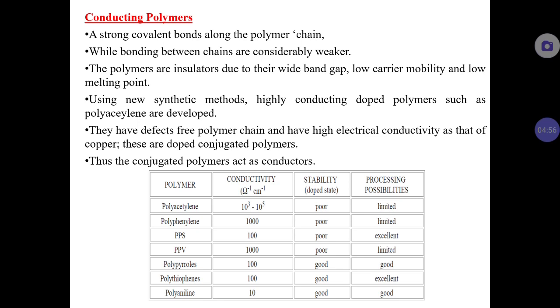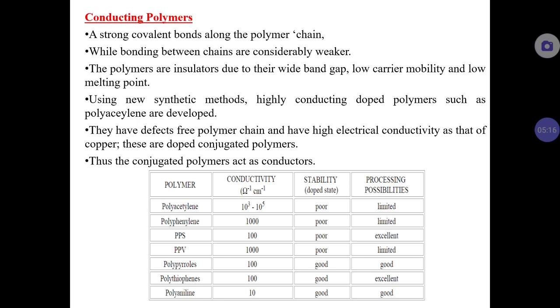What is the main importance of polymer materials in this field, and why is the polymer material required? Even though we have copper, which has very good electrical conductivity, why do we still need conducting polymers?